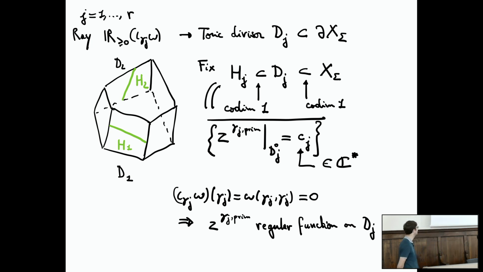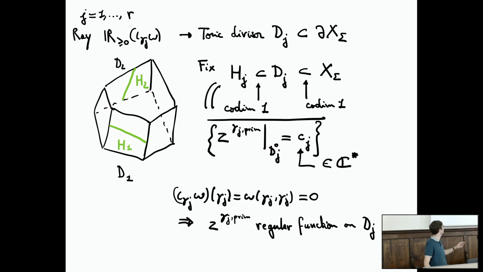And it's an exercise in toric geometry that this definition makes sense. This monomial z to the gamma j prim, a priori it's a function on the big torus, it starts with d, but you can check that this function is actually a regular function along the generic part of Dj, and so you can use this regular function to define some hypersurface in Dj.